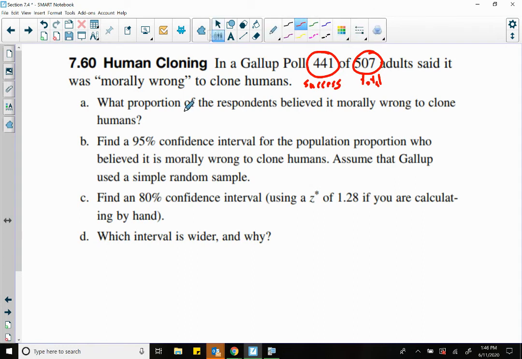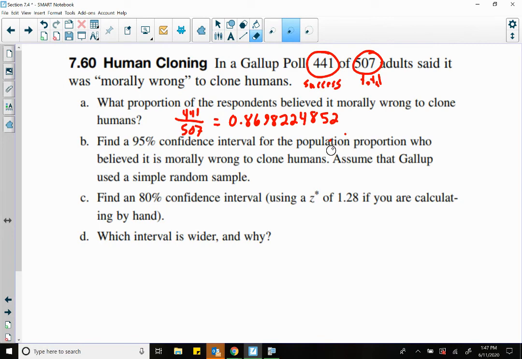So you know how to find that. 441 divided by 507. So we go to our calculator, 441 divided by 507. This one says proportion, so I know that they'll want this as the decimal. If it says what percentage, then it wants the percentage. So this is 0.8698224852.